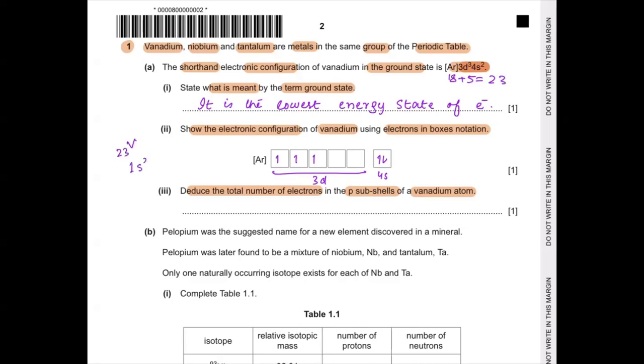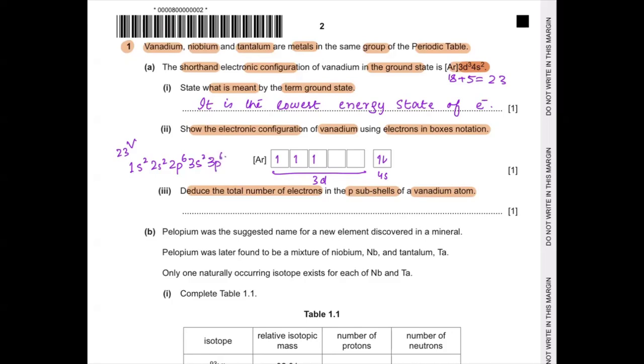If you write the electronic configuration from the start, it is going to be 1s2, then 2s2, then 2p6, then we have 3s2, then we have 3p6.